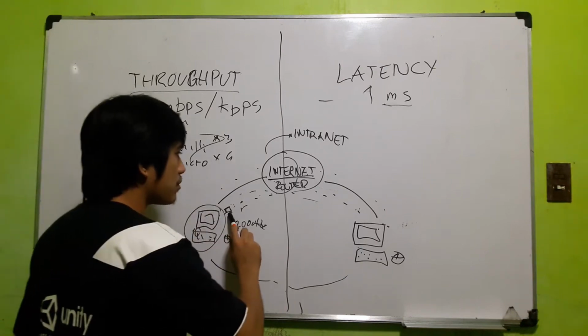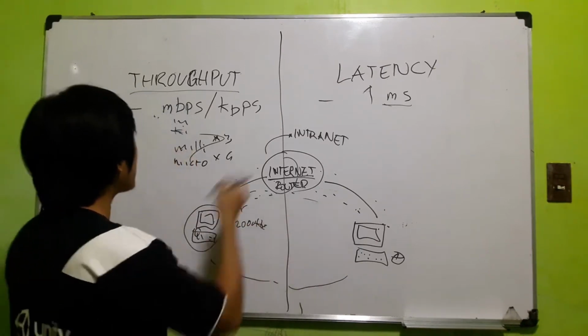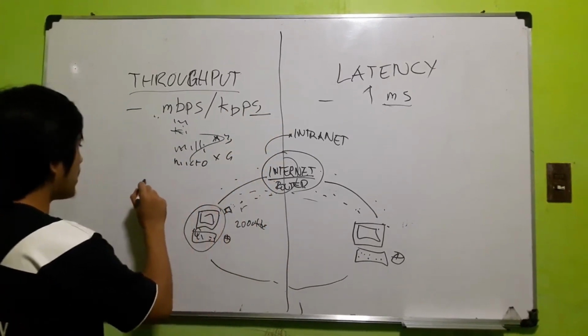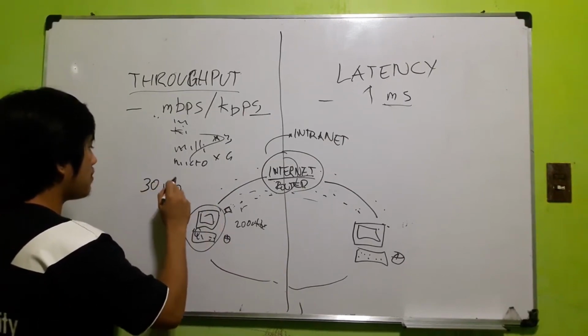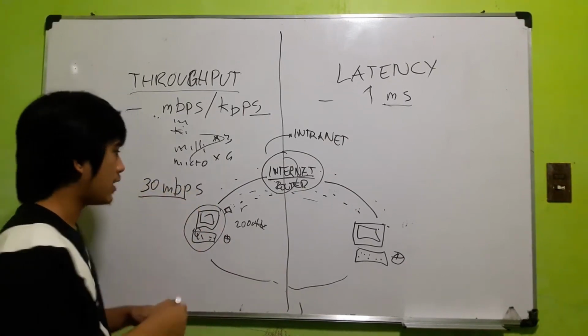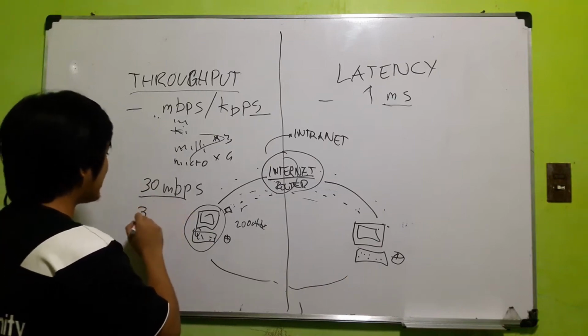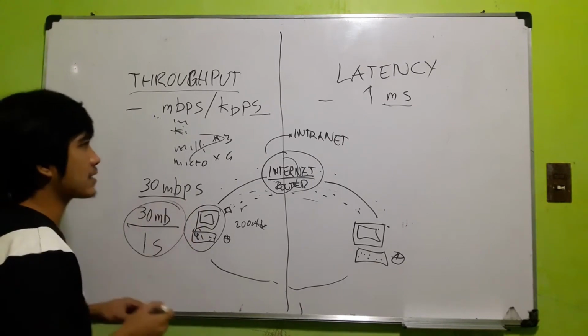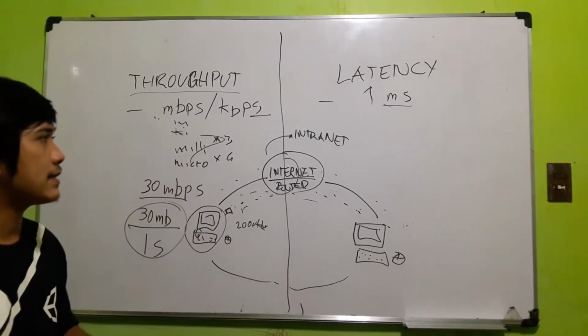Throughput is the maximum data that we can transfer per second. So if, let's say, we have 30 Mbps, we can say that the network connection can transfer 30 megabits every 1 second. So it's pretty fast. Now, how about the latency?